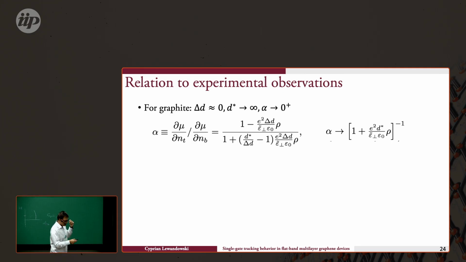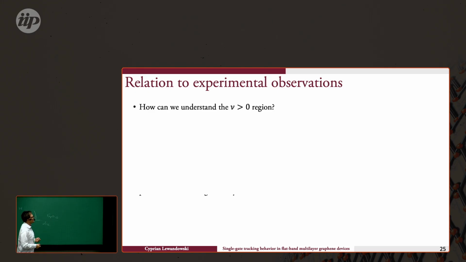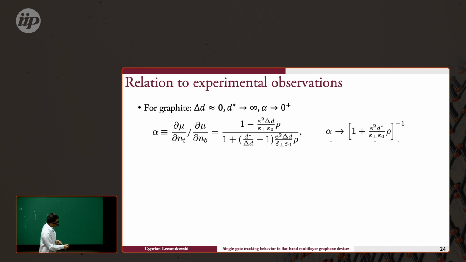So actually, I would not expect to see in graphite a symmetry breaking transition, and I would be rather seeing this perfectly gate tracking lines. Okay, but when you have a finite number of layers, then it is interesting because you can explore the competition between the different terms. So this is in fact what I am showing in a way in this plot. Let me go back. Oh, froze.